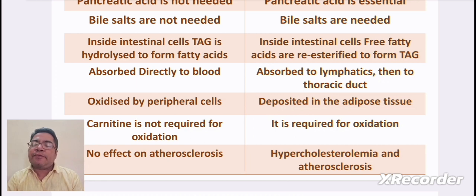In case of MCFA, it is oxidized by peripheral cells, whereas LCFA is deposited in the adipose tissue. In case of MCFA, carnitine is not required for oxidation, whereas in LCFA, it is required for oxidation. MCFA does not cause atherosclerosis, whereas LCFA causes hypercholesterolemia and atherosclerosis.